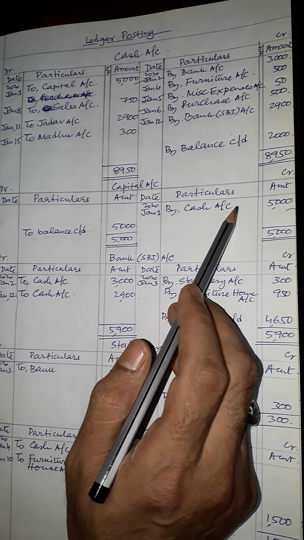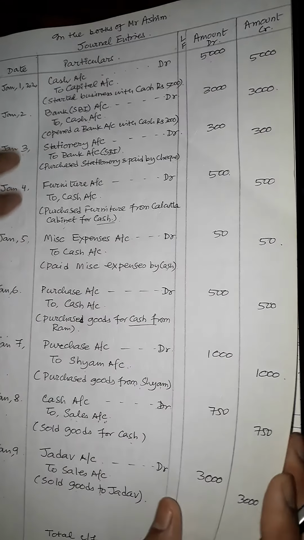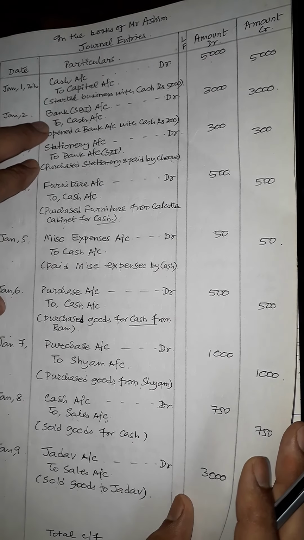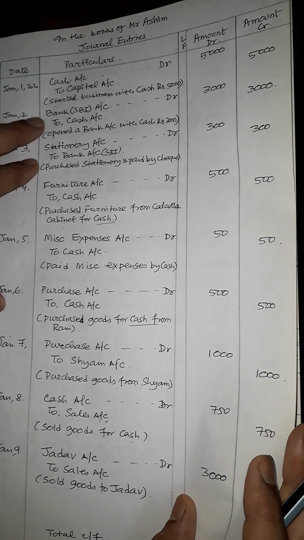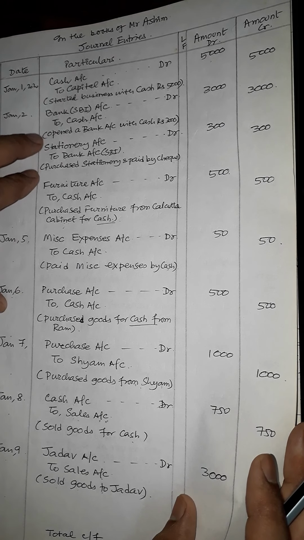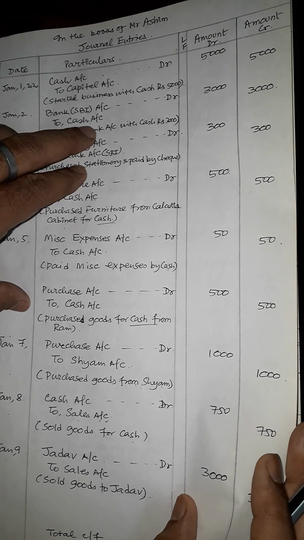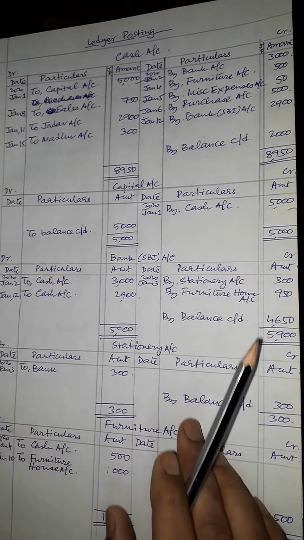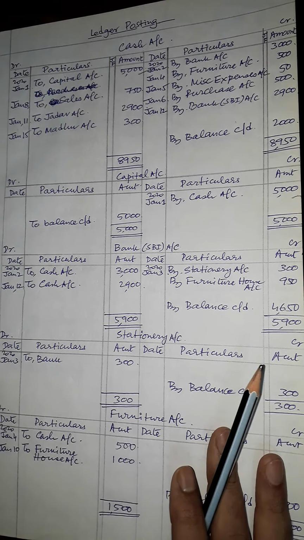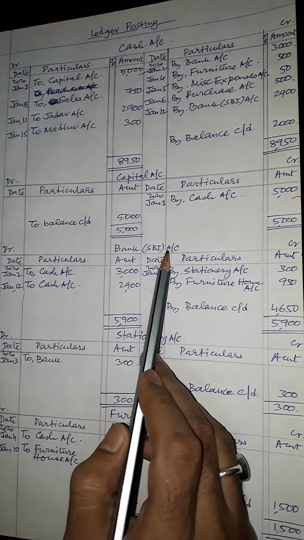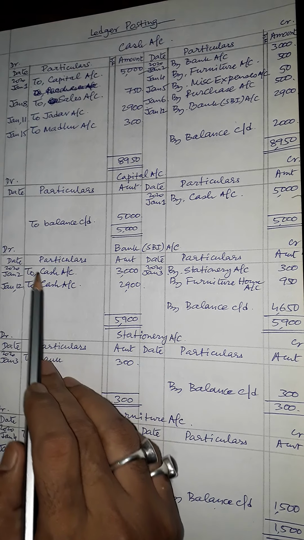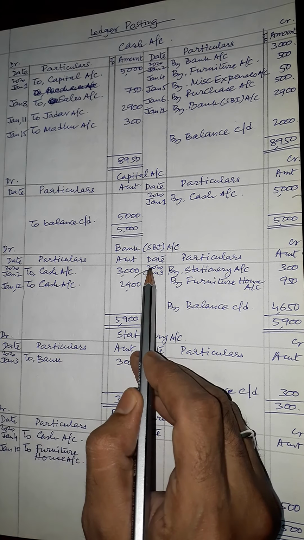In a similar way, the next entry is bank account debit to cash account. This is the journal entry for opening a bank account with cash rupees 3,000. We will post this as bank account debit to cash account 3,000.